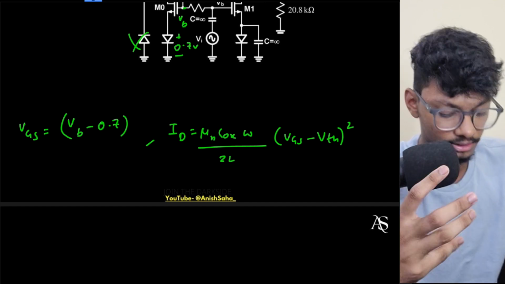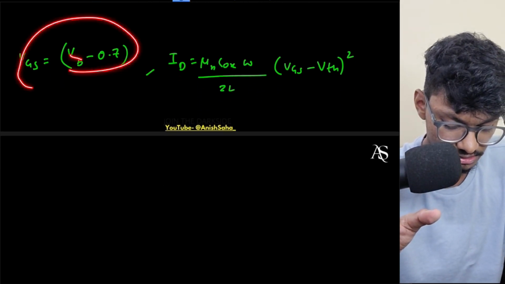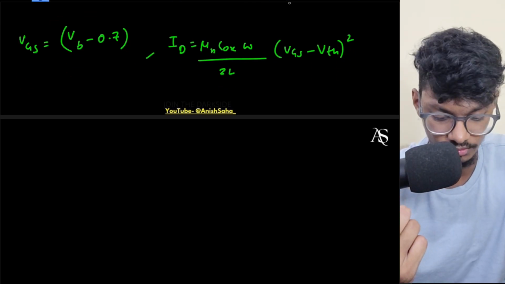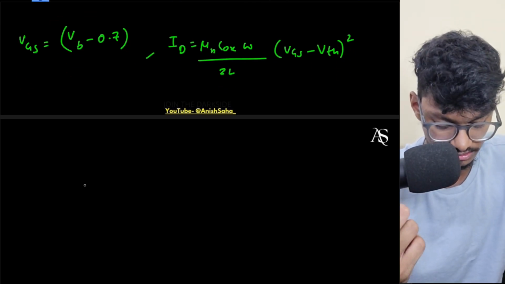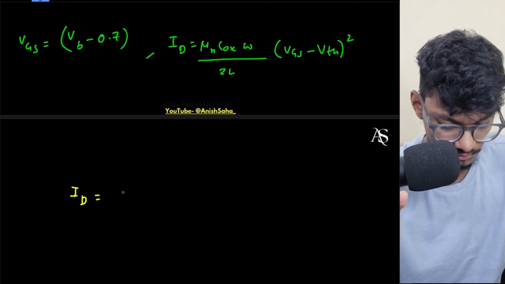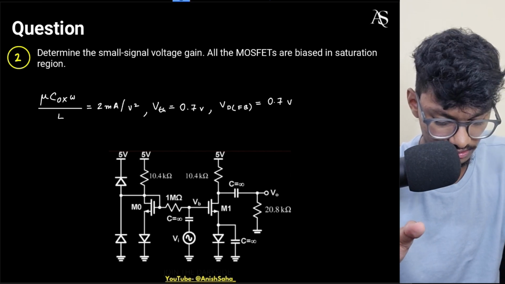So I will replace the VGS in this equation, and VTH I know is 0.7. I will get a neat equation. ID will equal whatever mu1 Cox W by L they have given me, 2 milliampere per volt square.